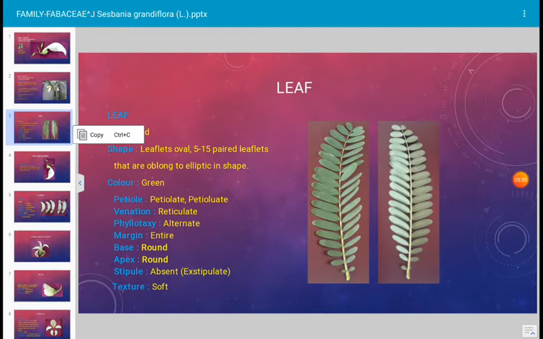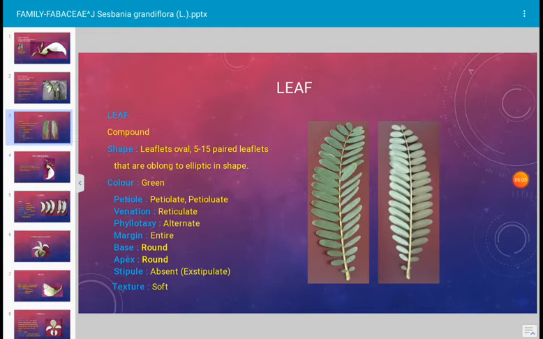And how is the margin of the leaflet? That is entire, because it is in continuation. That is an entire margin. How is the base? The base of the leaflet is round. Even the apex of the leaflet is round. Okay. And at the base of the leaf, the stipule is absent. What is a stipule? A small leafy structure. When it occurs at the base of the leaf, that leaf is described as stipulate.